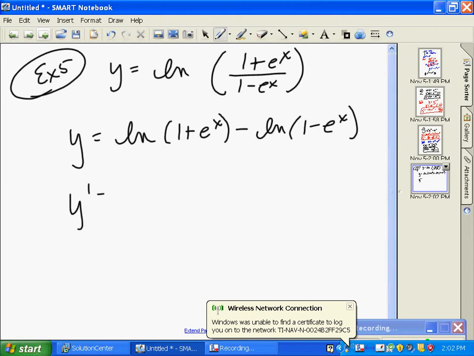So now I'm going to do my derivatives. The derivative of the natural log will be 1 over my 1 plus e to the x times the derivative of e to the x, which is just e to the x, minus 1 over 1 minus e to the x times the derivative of negative e to the x, which is going to be negative e to the x.